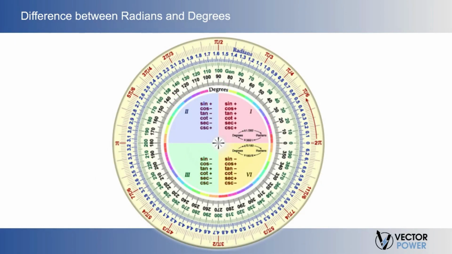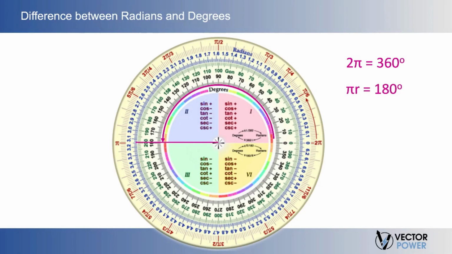Since one circle is equal to 2 pi r, and we know that one circle equals 360 degrees, therefore it could be written that 2 pi r equals 360 degrees.